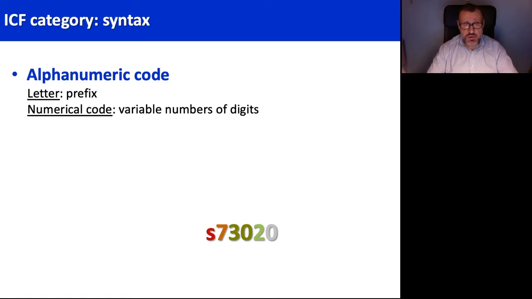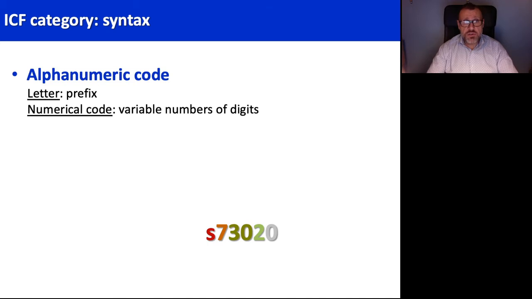Basically, each category is identified by an alphanumeric code, where we have a letter, which is the prefix, which indicates the component of the ICF involved. Thus, S, structure; B, functions; D, activities and participation; E, environmental factor.